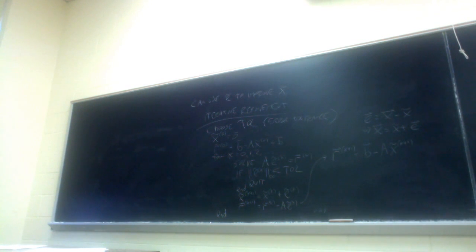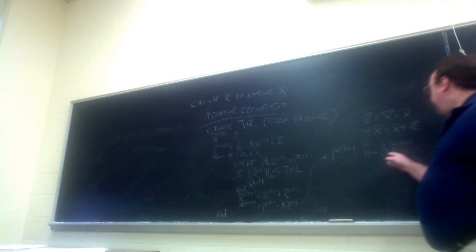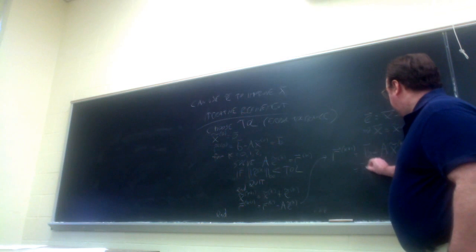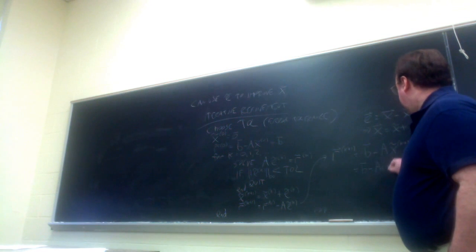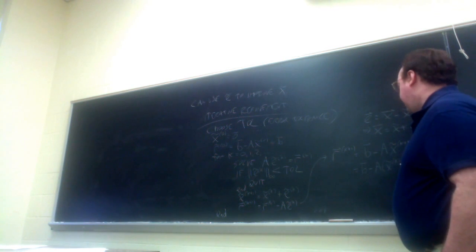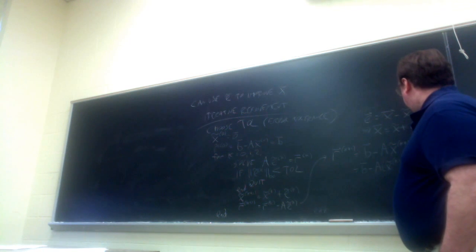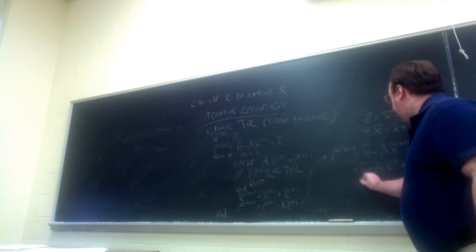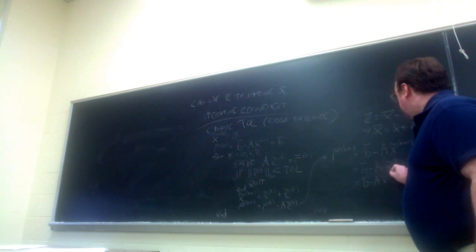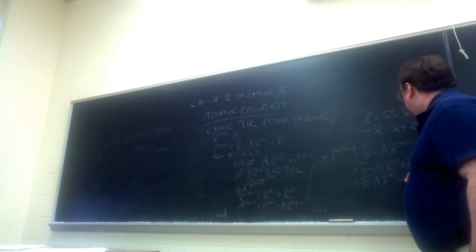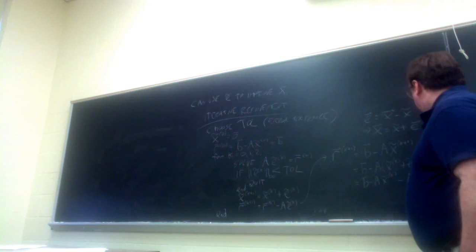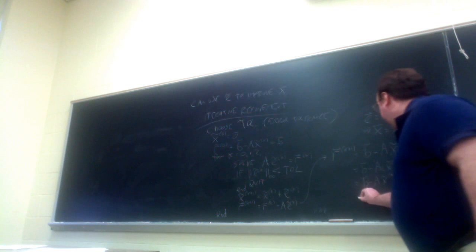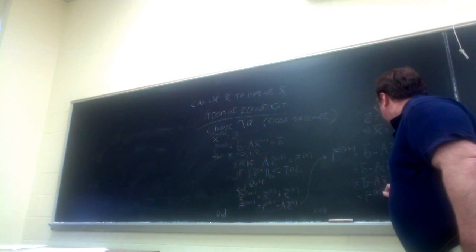If I fill in what x_{k+1} is from over there, I have A times x_k plus e_k. But now I'm going to group these together. So now I have b minus A x_k minus A e_k. Using the definition of residual again, that's the previous residual. So it's r_k.